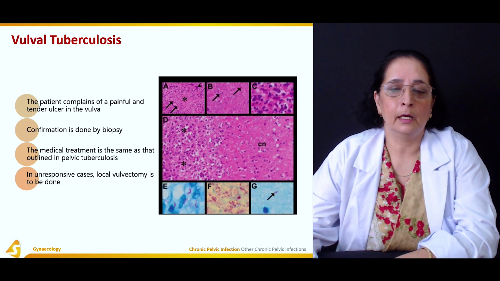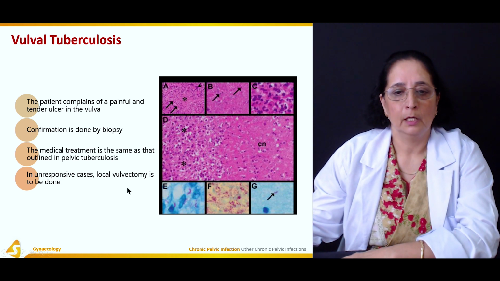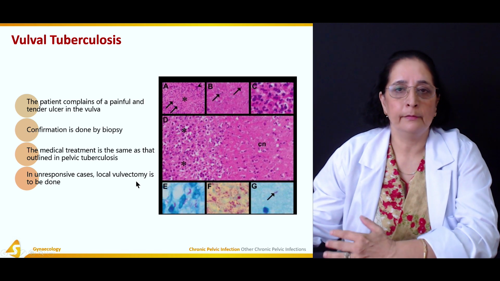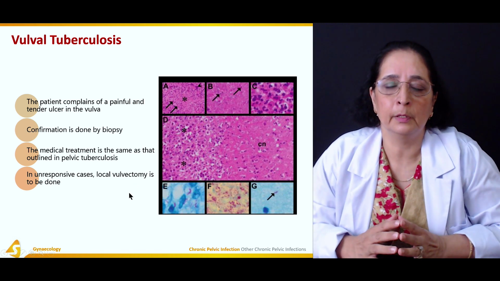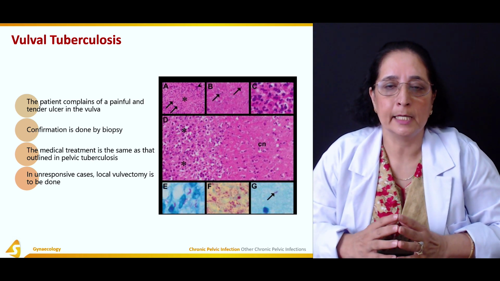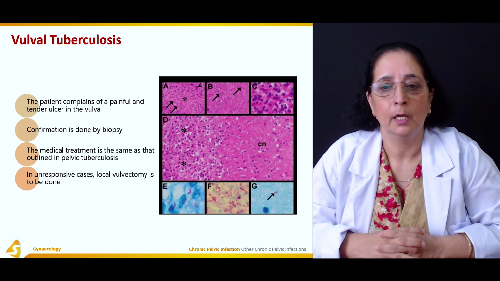If there is no response to the treatment, then local vulvectomy, the removal of the vulva, is done if the vulval tuberculosis is not responding to the anti-tuberculin medicine. So vulvectomy should be performed.